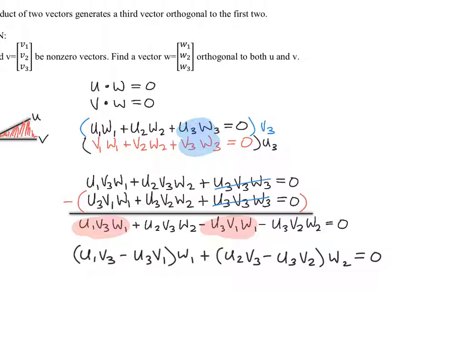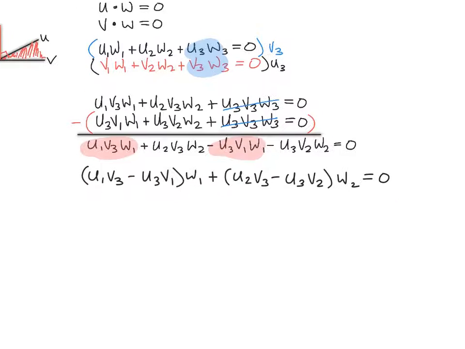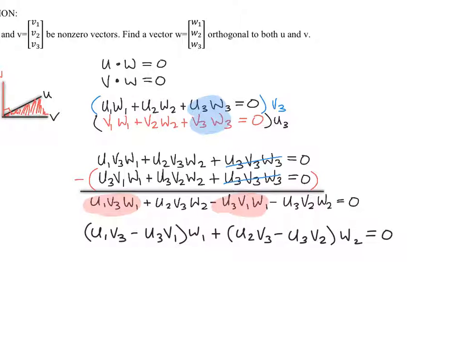So what I'm going to ask you to do on your own, well, I won't write it, I'll just say it. Go back to this pair of equations and systematically eliminate the other two terms.